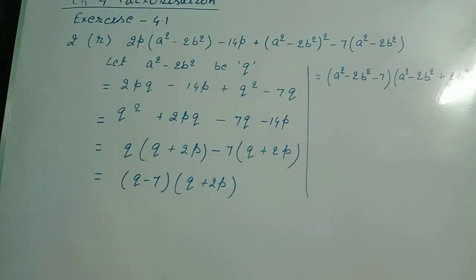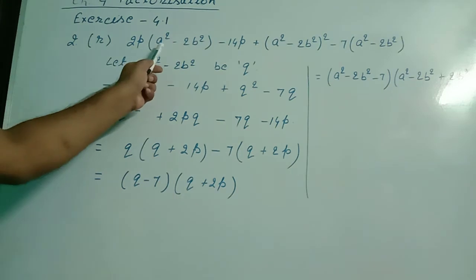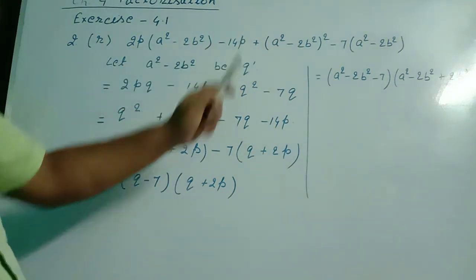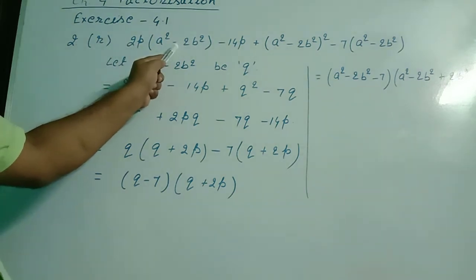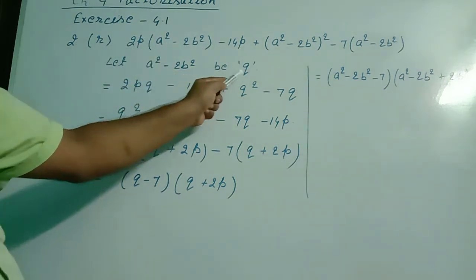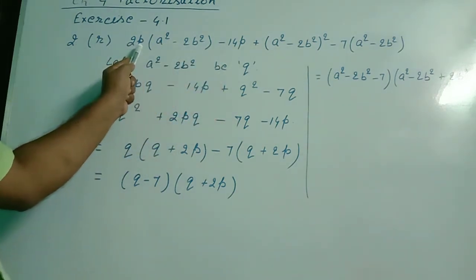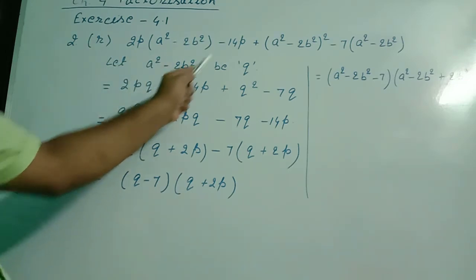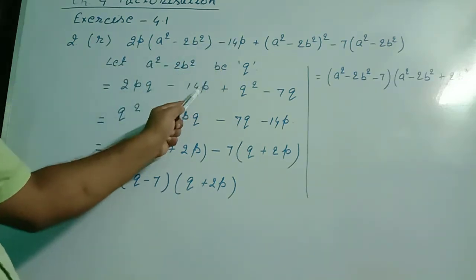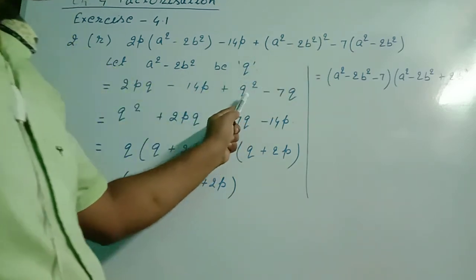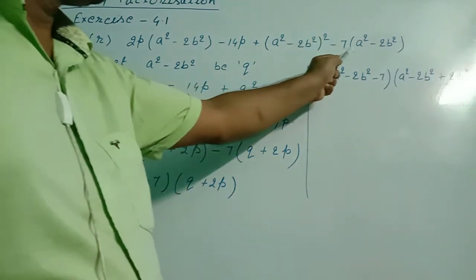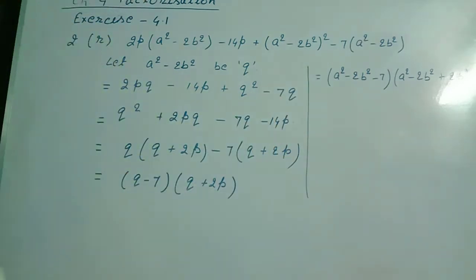Means I abbreviated the expression, considering a square minus 2b square as q. Now the given expression will be 2pq, because a square minus 2b square equals q, so 2pq minus 14p plus q square minus 7q.